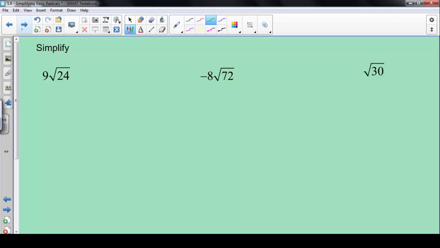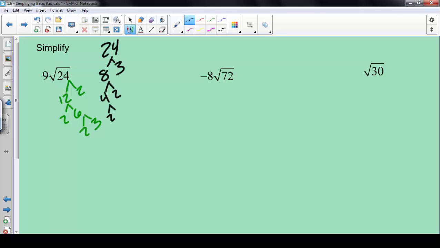Same idea with all of these, just start with your factor trees. And it doesn't matter which way, I could have just as easily gotten the same numbers this way. Notice in both cases we have 3 2's and 1 3.